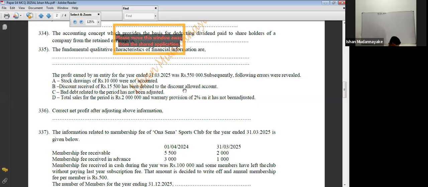For C, write down 12,000. Right, Lamai, what's the answer?